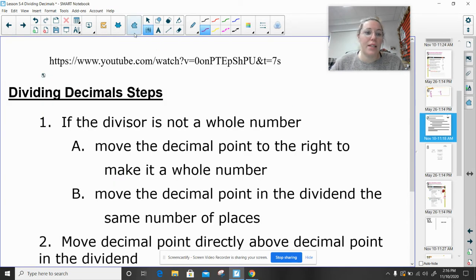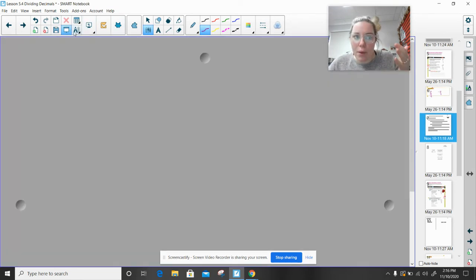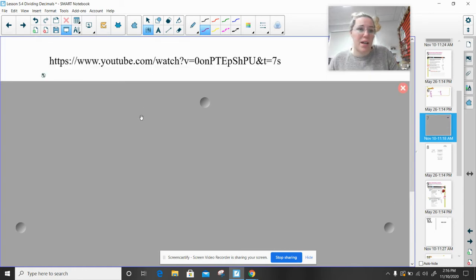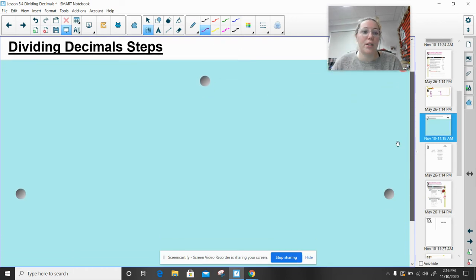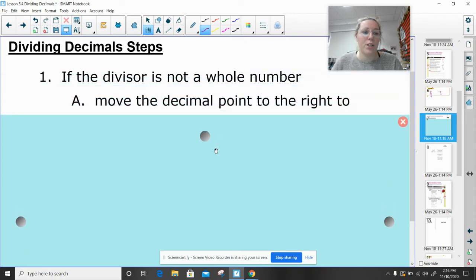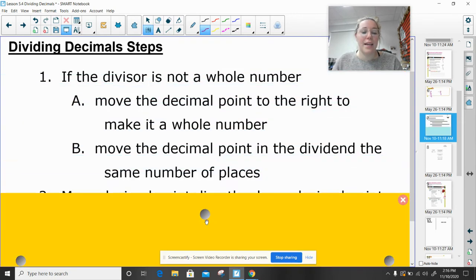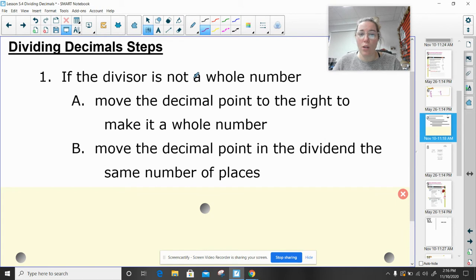Now, if my divisor is a decimal, this is where it gets a little bit more complex, but it's not more difficult. It's just an extra step, really. So when we're dividing decimals, these are the steps that need to be written down in your notes. This is our step-by-step process, okay? The first thing we do is, if our divisor is not a whole number, we move the decimal point to the right to make it a whole number, and then we move the decimal point in the dividend the same number of places.